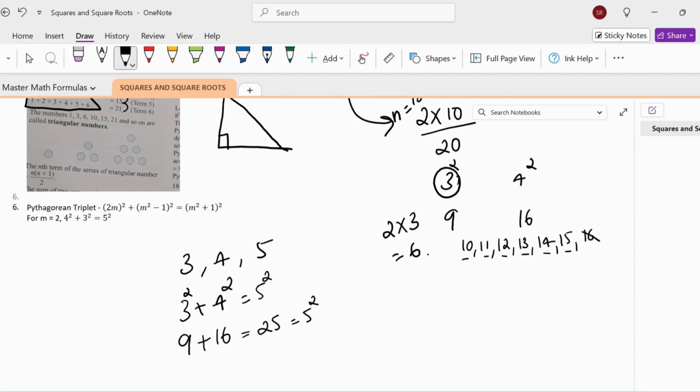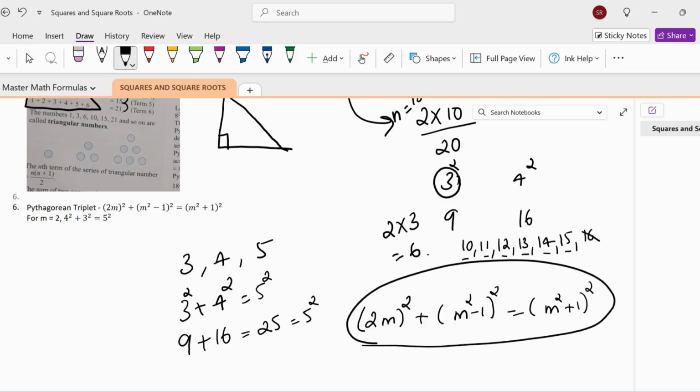Now, given a value for m, the general form of getting a Pythagorean triplet is 2m, m squared minus 1 and m squared plus 1. This is to verify. But which is your Pythagorean triplet or the individual numbers? It is 2m, m squared minus 1 and m squared plus 1.